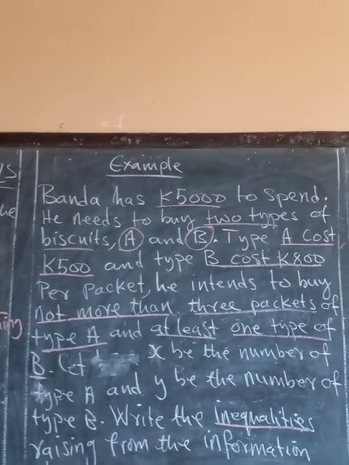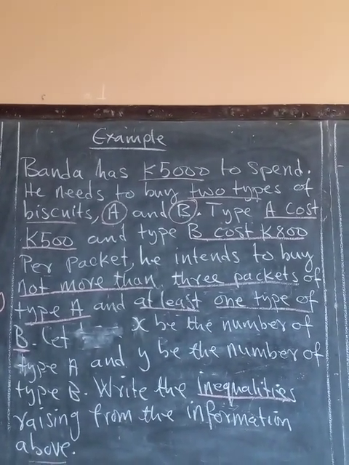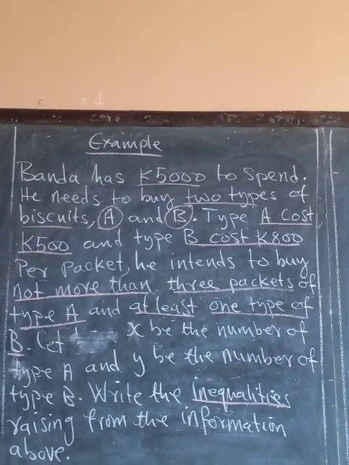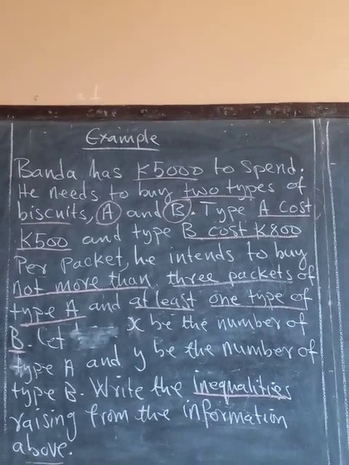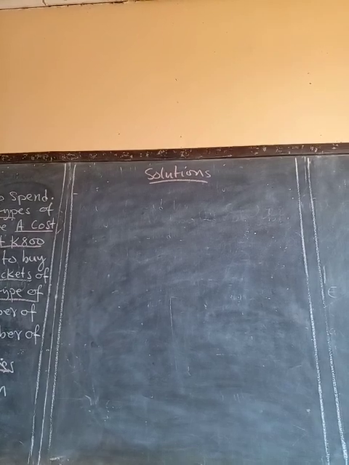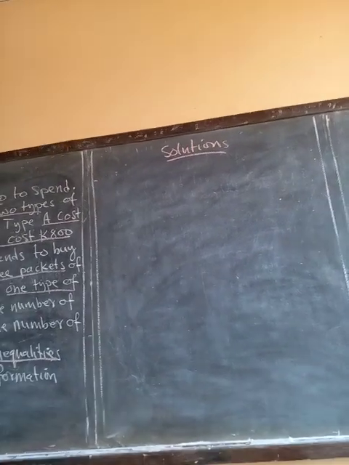When you read the statement, you are going to understand these weights which are here. That's what we are looking for to make the inequality. If you understand that part, then the inequality can be easily found. Hence, let's look at the example.